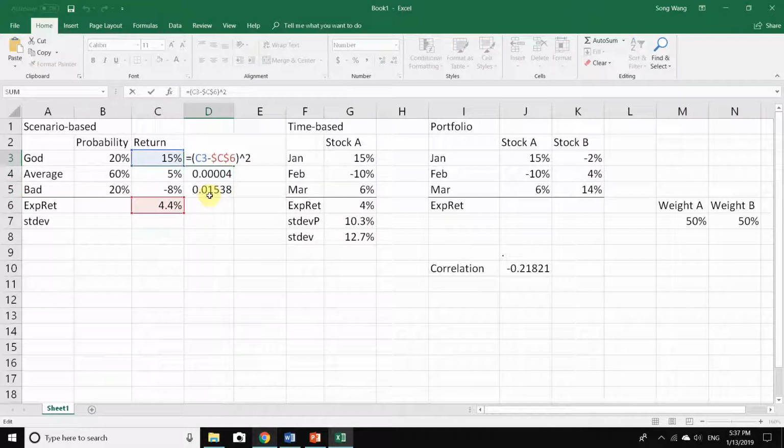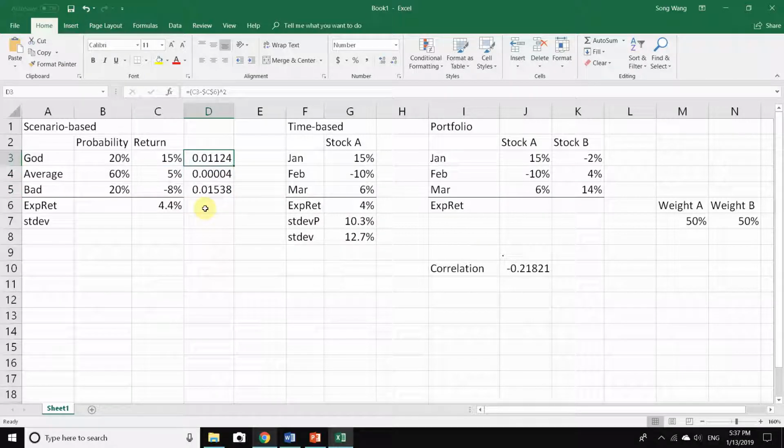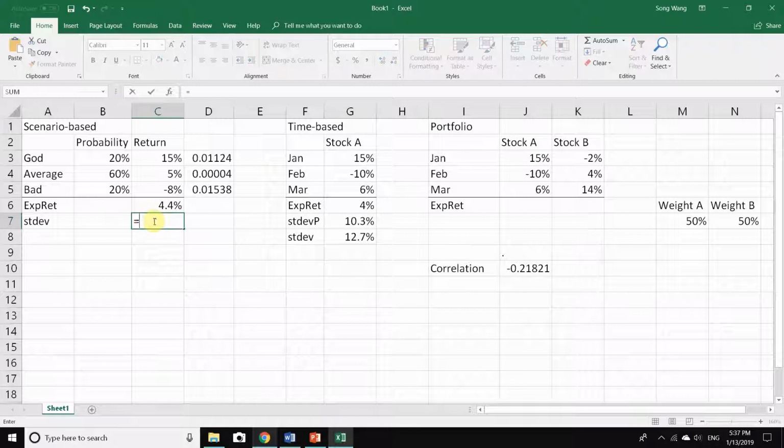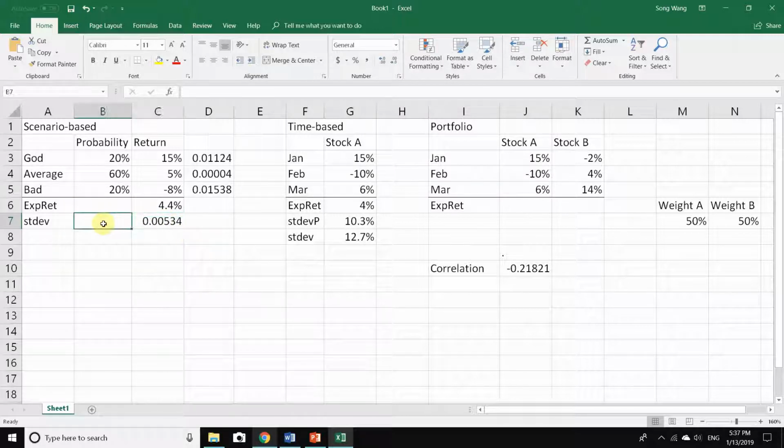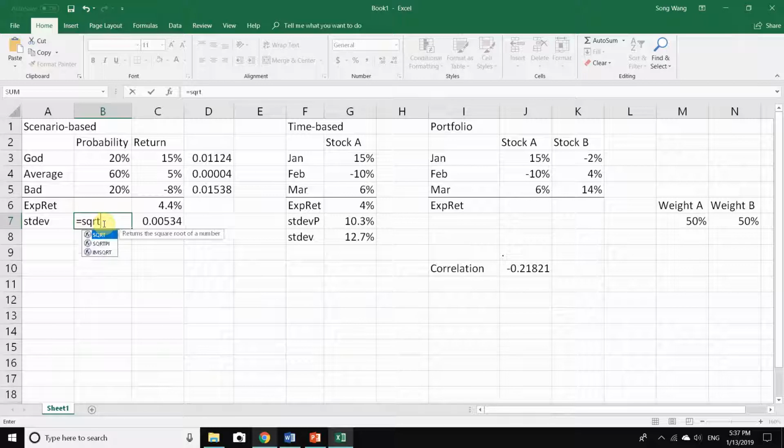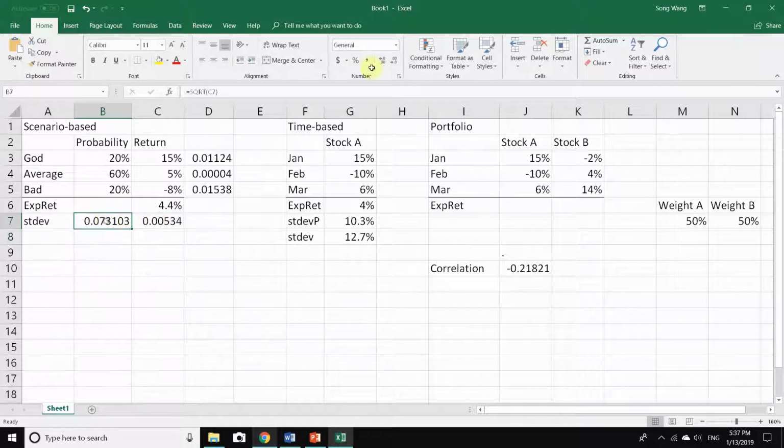And after you get the squared deviations, you're going to sum them up. When you sum them up, you also need to incorporate the probability, so it is actually the weighted summation of all the squared deviations. So I'm going to use this probability vector multiplied by the vector of squared deviations. All right, and then Control-Shift-Enter. Okay, and you are still not done yet. It is called a variance. To get the standard deviation, you take the square root of this variance. Okay, so this 7.3% is your standard deviation.